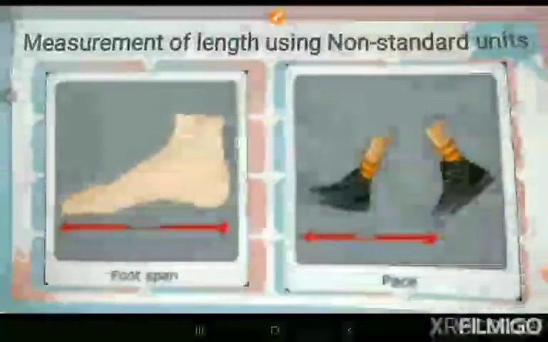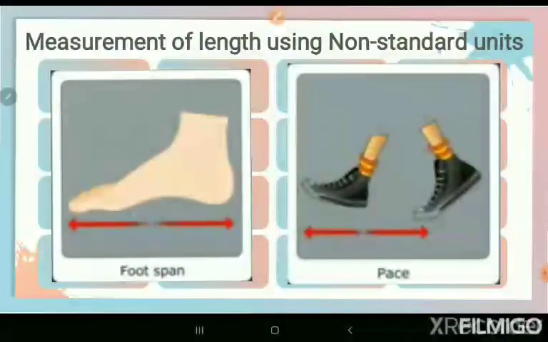Then we have foot span. That is the length of the foot from the tip of the big toe to the end of the ankle. And pace is the distance covered during a single step while walking. When you take one single step, this distance between the two toes when you are walking, that is known as pace.